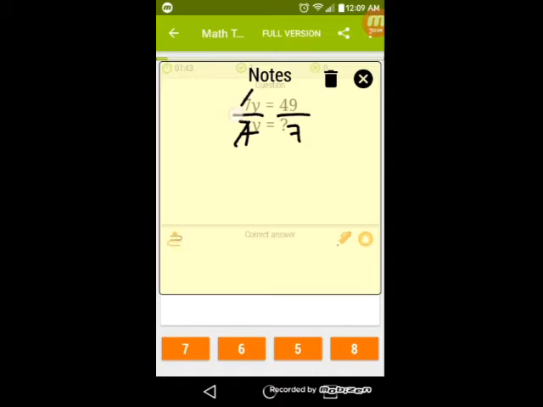Nevertheless, it's a fairly short path, so I'll leave it there for now. 49 divided by 7 equals, well, 7 7s are 49, so y is equal to 7, and that's correct.